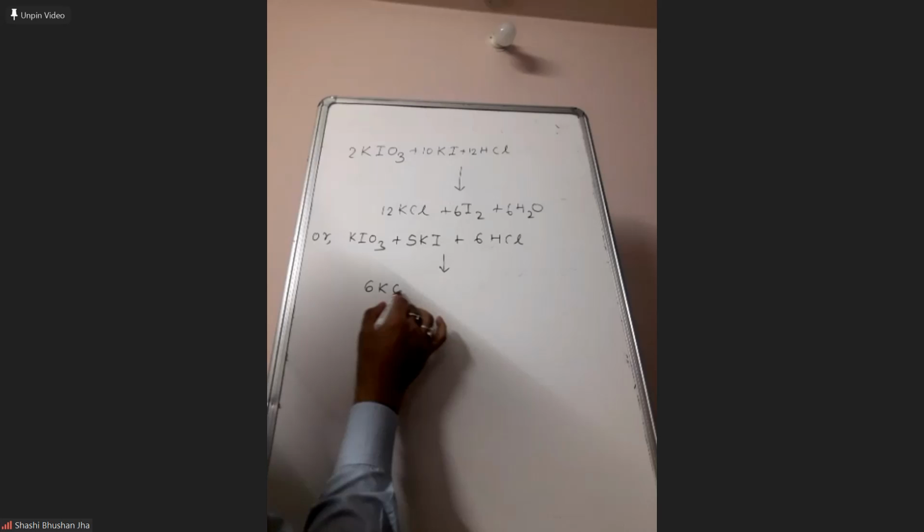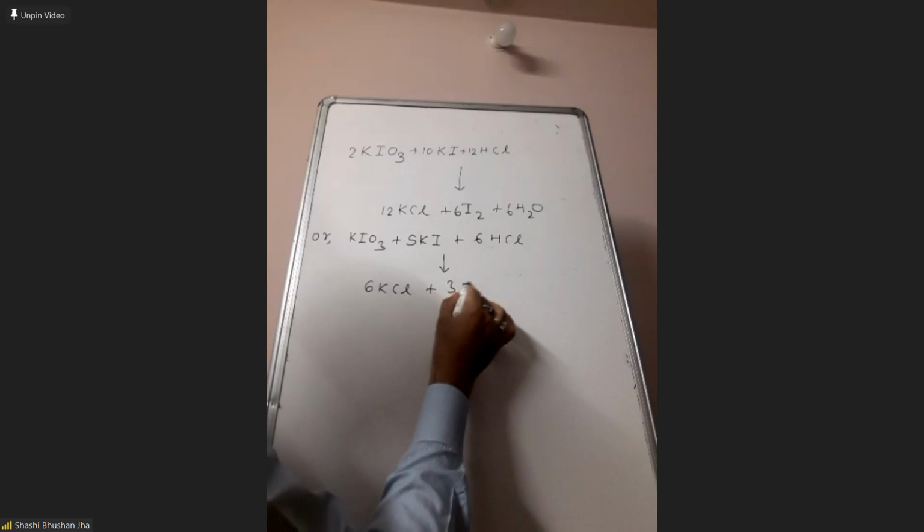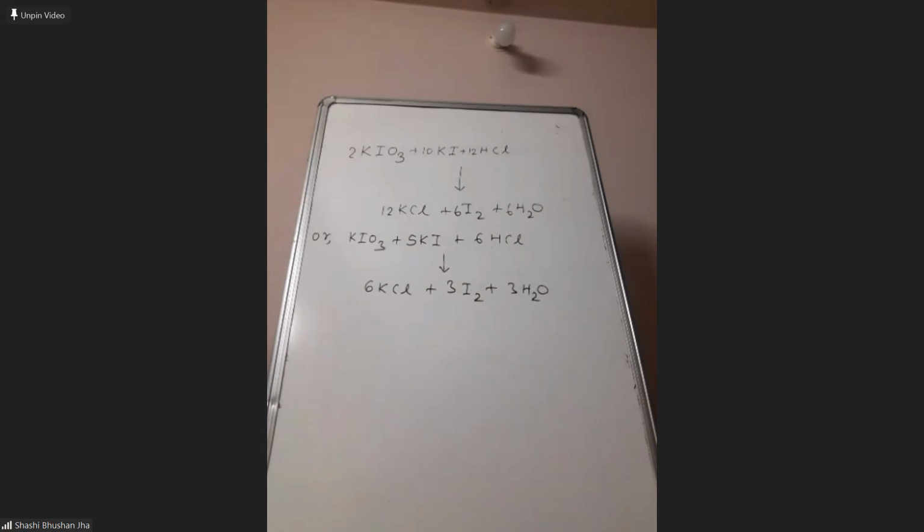This will give 6KCl plus 3I2 plus 3H2O. So this is a reaction of potassium iodate with potassium iodide.